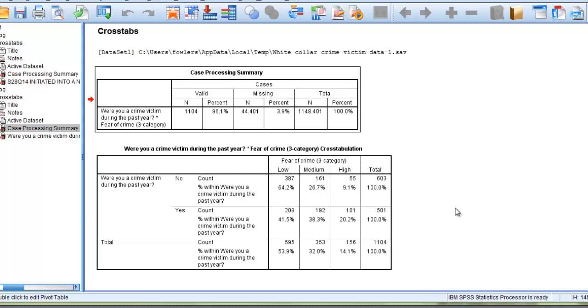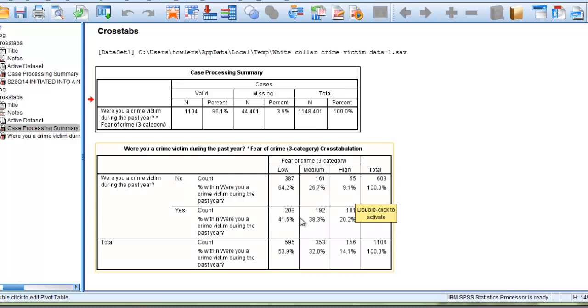Specifically, because people who were victims of crime experience more high fear and less low fear. And so what I mean by that is, if you look at the high category, they have almost 10% difference in the high category and a 20% difference on the downside compared to the no group.